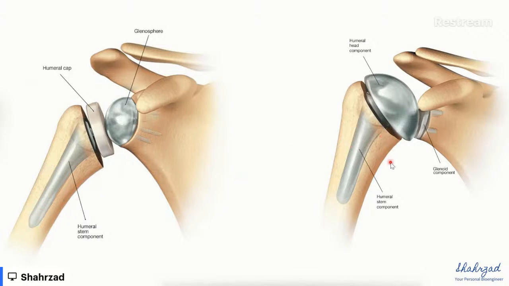And to the right, we have conventional system of a shoulder replacement where the humeral head component sits directly on the humeral stem component right here. And then you have glenoid component. And I hope you can see the difference between the two, even in terms of sizes, materials, and all of that.